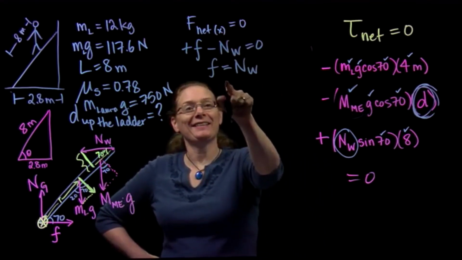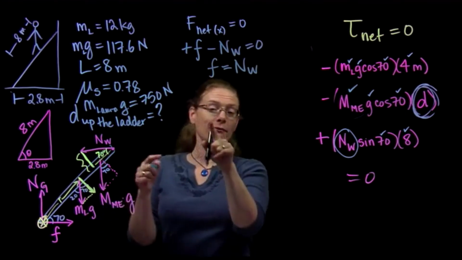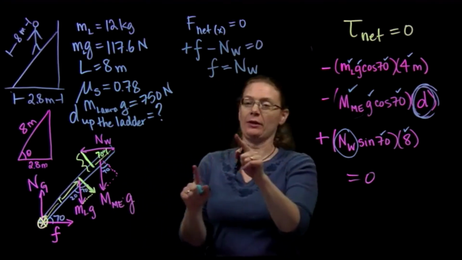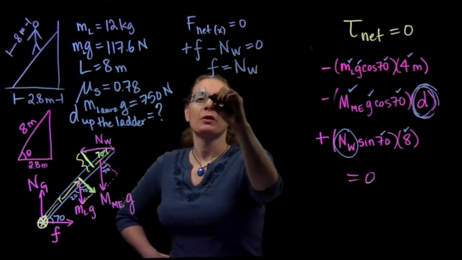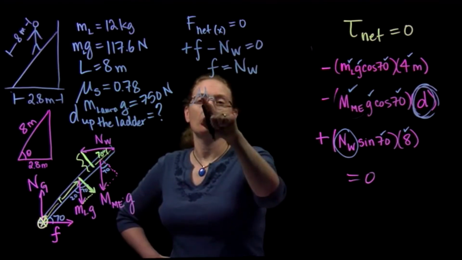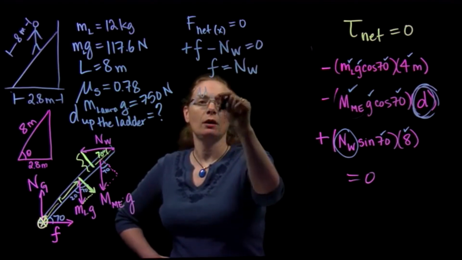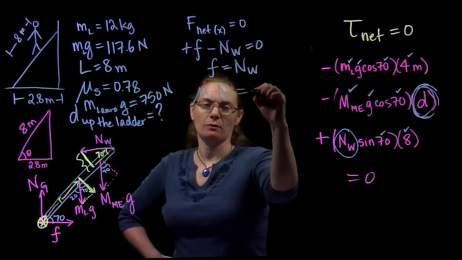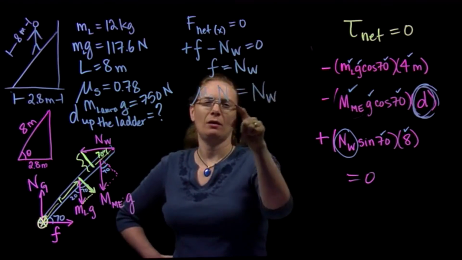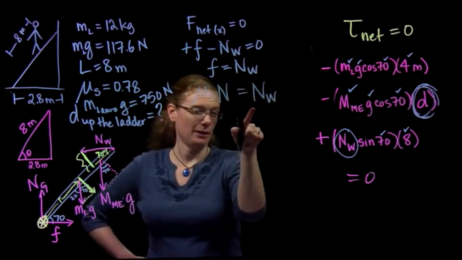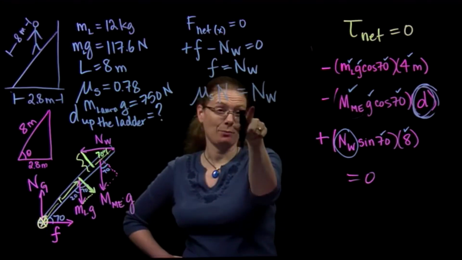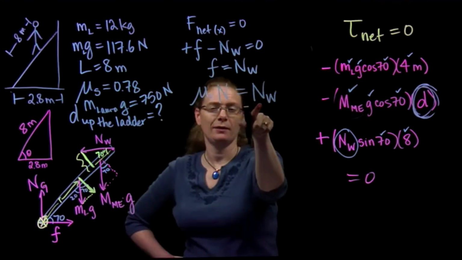So let's see here. Well, I do have an equation for friction. Maybe this will help us. Friction is the coefficient of friction times the normal force. And I see a problem here. I'm not going to be able to have this match up if this is that.